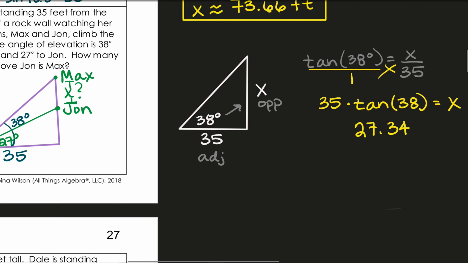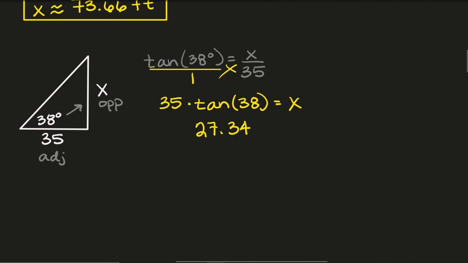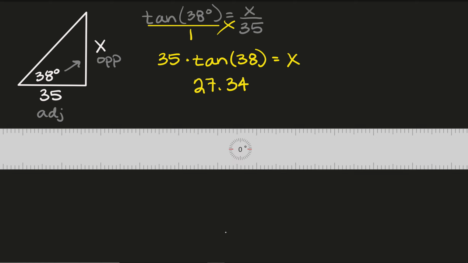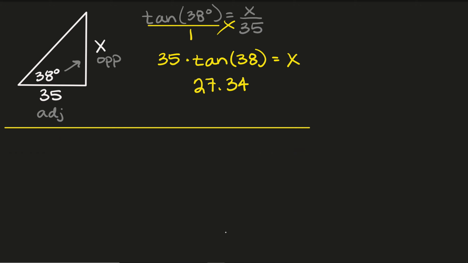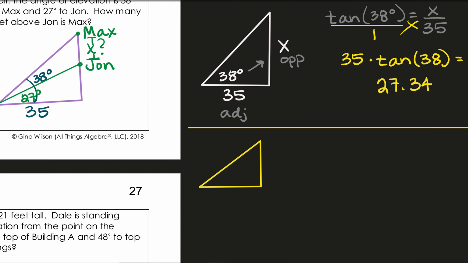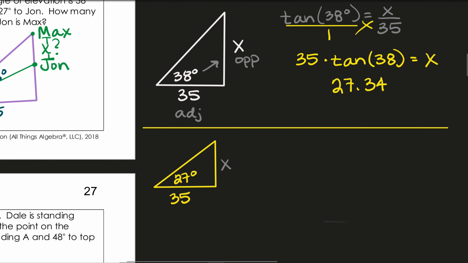Now we need to know how tall John is. So what I'll do is I'll just divide this. There we go. That's a little bit cleaner. And then we'll have our second triangle. And we'll go ahead and fill this information in. So it says John has an angle of elevation of 27 degrees. And the distance is still the same. So now what we're doing is we're just looking for John's height.